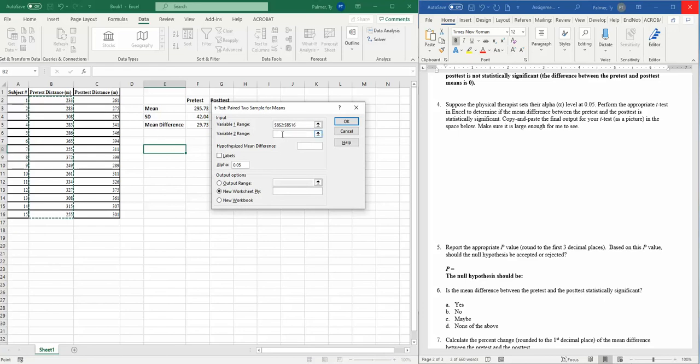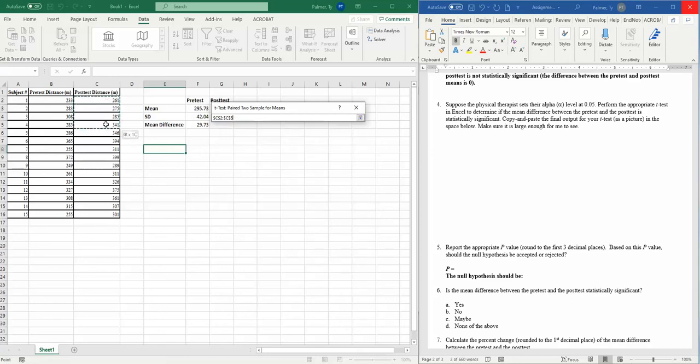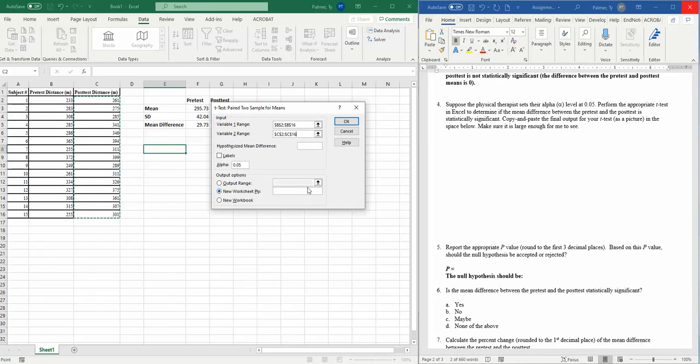Once I've done that, I'm going to go to variable 2 range and click inside that box. For variable 2 range, I'm going to include all of the scores for the post-test. With my cursor blinking in the box, I'm going to go over here, start at the top, and click and hold and drag to where I have all of my scores highlighted for my post-test.